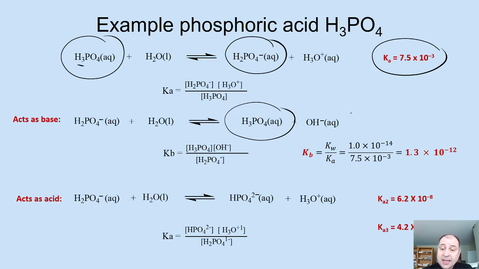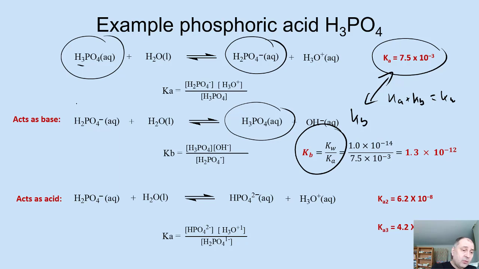So the Kb for that is related to the Ka by that equation I just provided a minute ago, right? So the Ka times the Kb in this case equals Kw. So we can use that information and calculate the Kb for this reaction from the Ka.